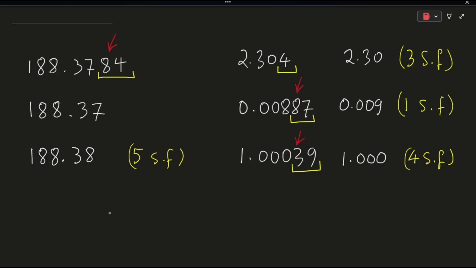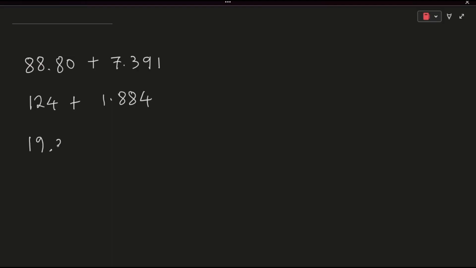Now, in carrying out addition or subtraction, how do we decide how many digits to keep? So, for example, if we have, now for this first one, rewriting it, we align the decimal points.